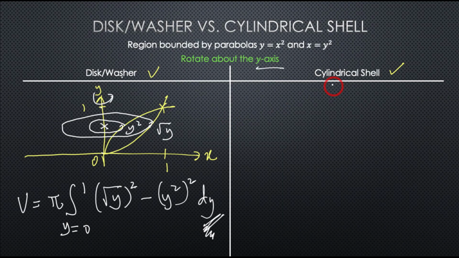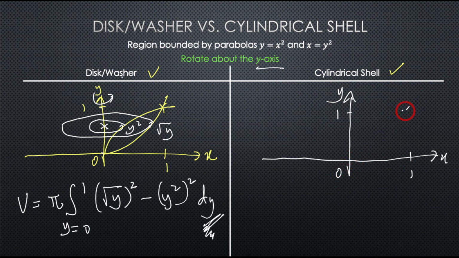Now, we want to use the cylindrical shell method to find the volume when we rotate this region about the y-axis. This is your y-axis. This is your x-axis again. You have 1, 1, 0. X equal to y square, y equal to x square. Remember, rotate about y, so the center is at y.